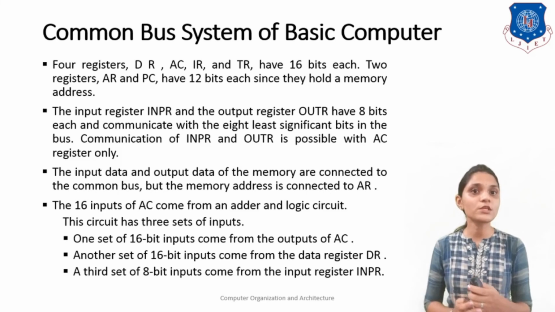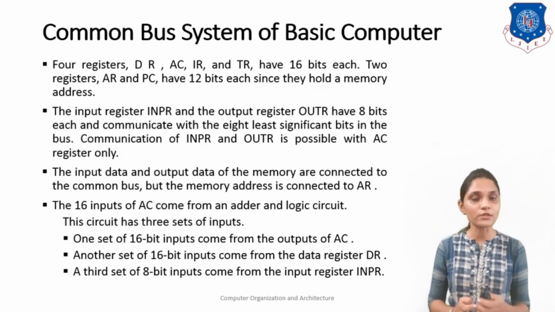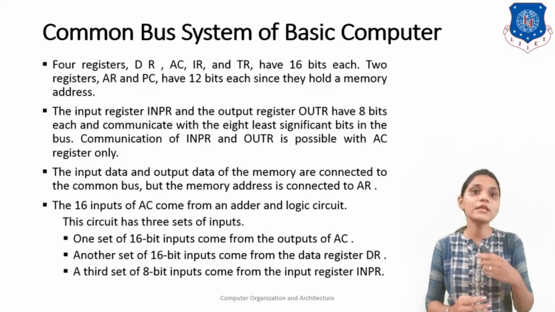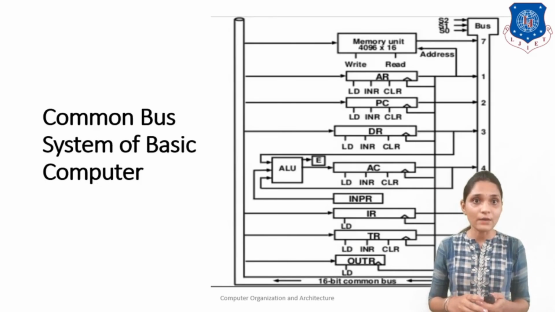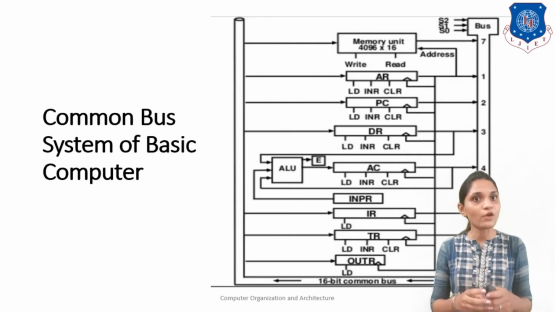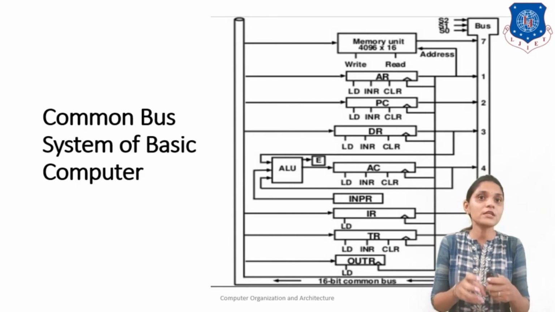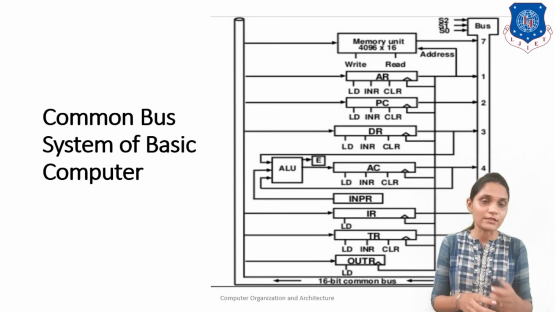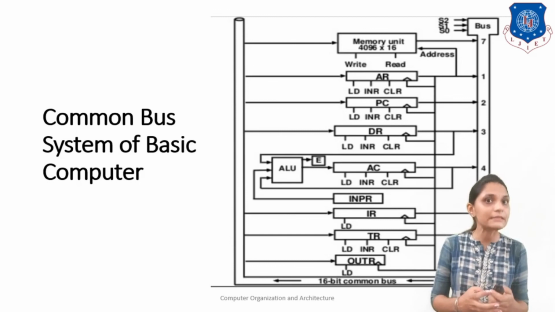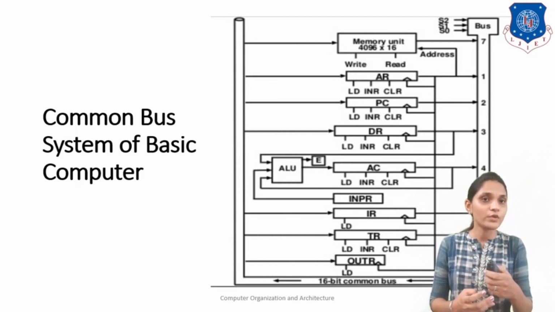Another set of 16-bit input comes from the data register, and the third set of input, which is 8 bits, comes from the INPR register. So these 3 sets of data come to the ALU, and according to the control unit, the required operation is performed in the ALU and the result is stored into the accumulator register, and according to that result the E flag, or you can say the carry flag, is modified.